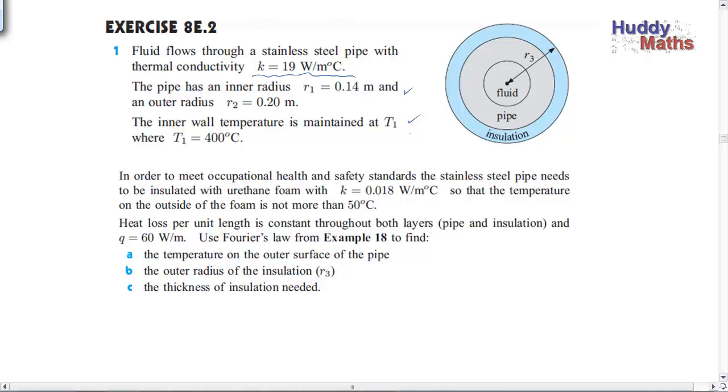An inner radius and an outer radius, and we're going to use the same law as before. It's more or less going through the same steps, a little bit different. So go back to that example above and use Fourier's law and see if you can integrate it. I'll show you the answer to that one now.